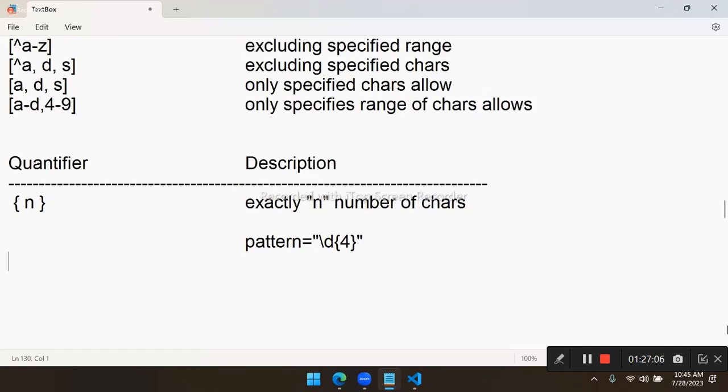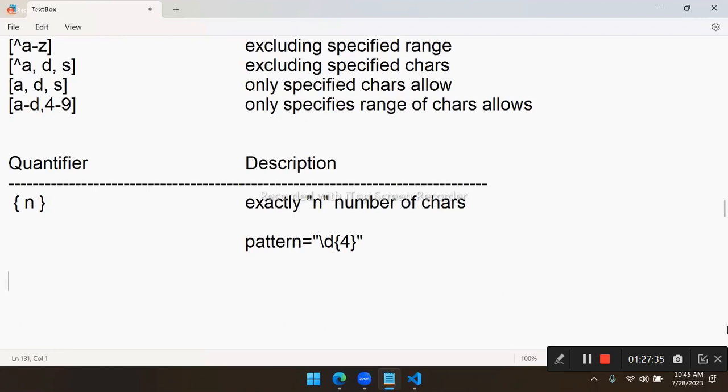Lowercase \d means only numeric. 4 indicates exactly 4 digits number. That means if you want exactly 10 digit number, you don't need to write \d 10 times. You can write one \d and you can tell the quantity. Quantity is defined with the \d and curly brace. You need to define the quantity like this.